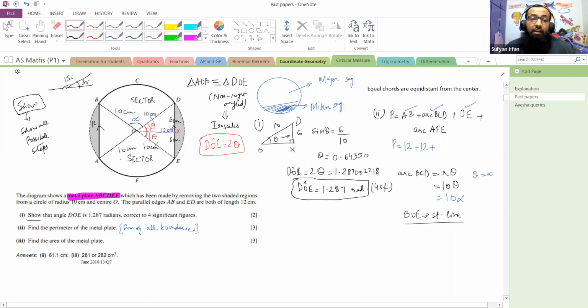So if we have a part of it, which is 1.287, then we subtract from 180, and in radians we call 180 as pi. So angle BOD is pi minus 1.287.